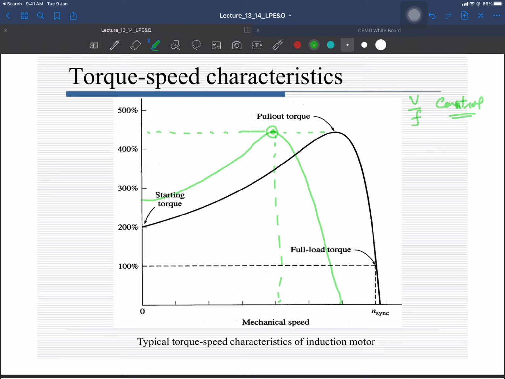You can have a combination of the voltage and the frequency. You can change voltage, you can change frequency, and you can have this curve. Now if I want this curve, I can have a combination of voltage and frequency, and to have this curve, I can have another combination of the voltage and frequency. So you can change the voltage and frequency in proportion.